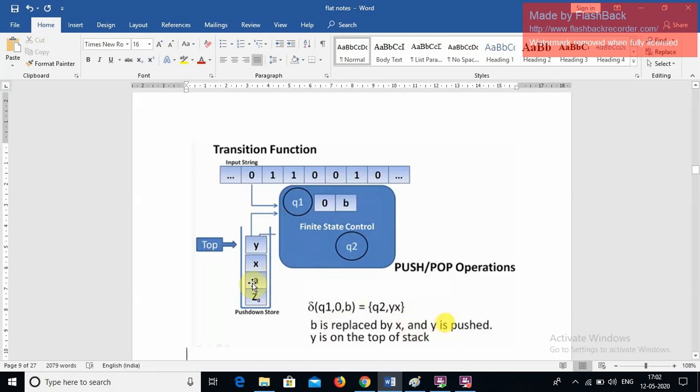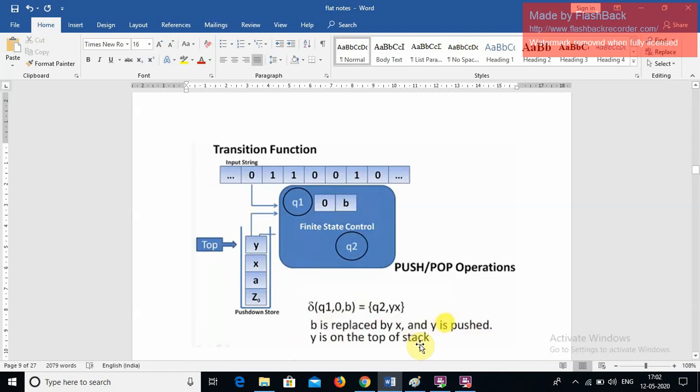How they are inserted is also pointed out here. So yx is a combination of two symbols. First x is pushed into the stack and later on y is pushed into the stack. So b is replaced by x first and y is pushed again, so y is on the top of the stack.